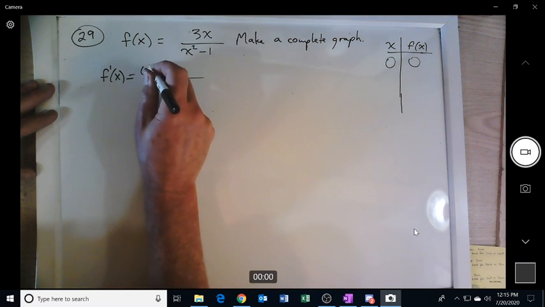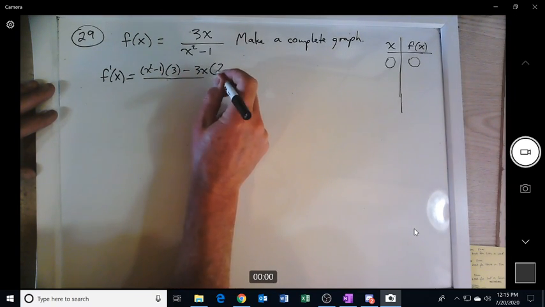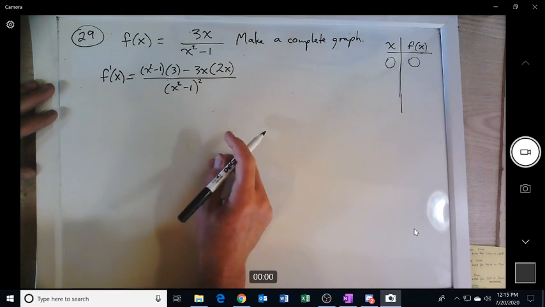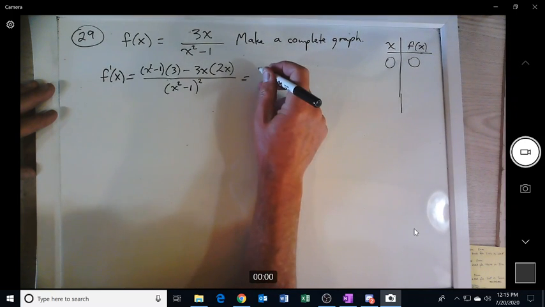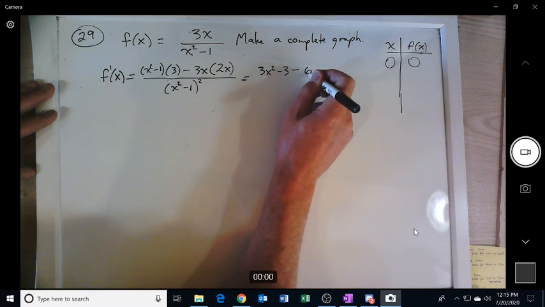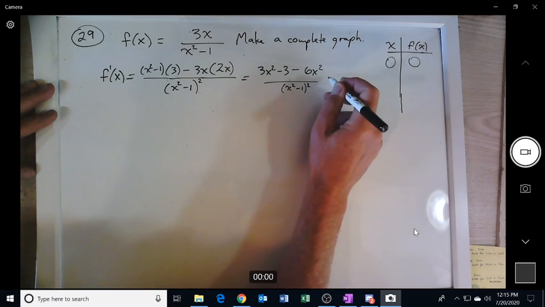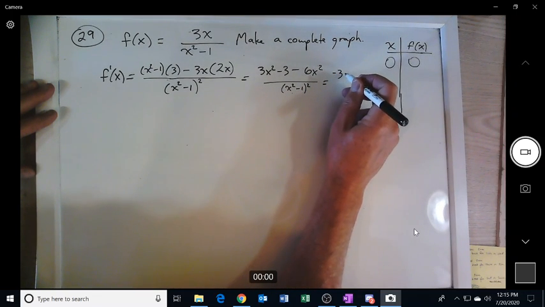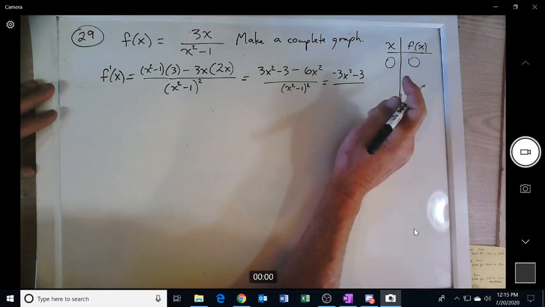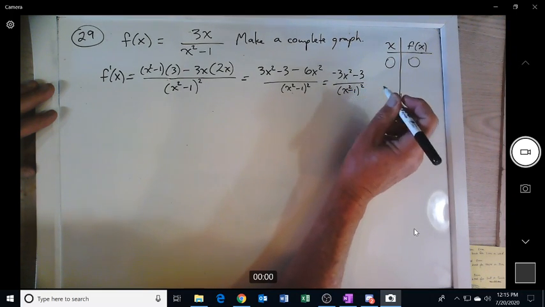It's bottom times the derivative of the top minus the top times the derivative of the bottom over the bottom squared, which is negative 3x squared minus 3 over x squared minus 1 squared.